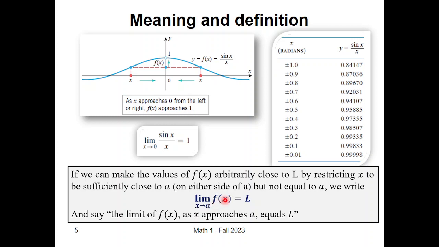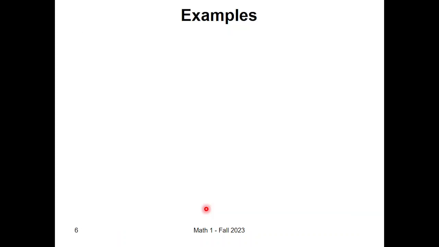In this case we say that f of x approaches L as x approaches a, or the limit of f of x equals L when x tends to a. Let's consider some examples and see how to solve them, and also consider some cases that cannot be solved using simple calculations or simple manipulation.